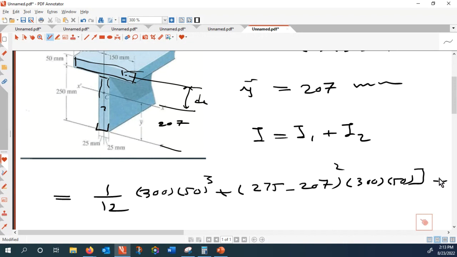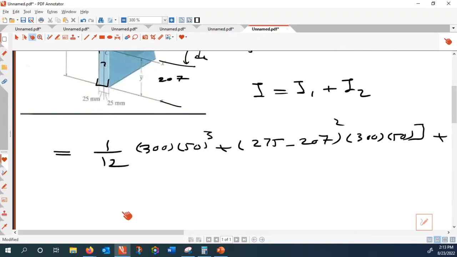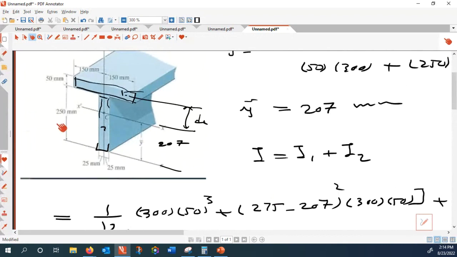And the second one is again 1/12 BH cubed, where B is 50 and H is 250, plus the penalty: from that center to this center, the gap is D2.